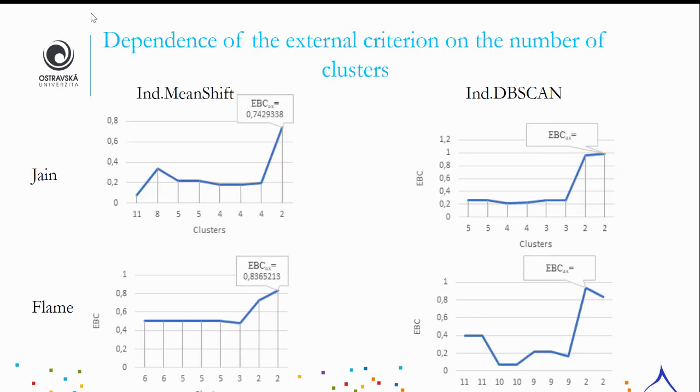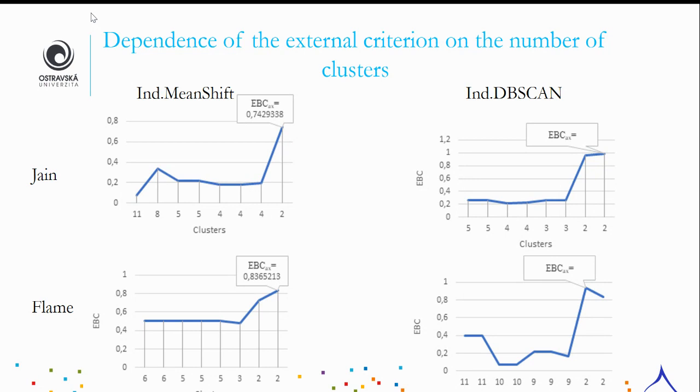So now we come to the most interesting part of our research, the comparative analysis. As I have already mentioned, we use some external criterion to estimate the clustering quality of the obtained results. In our research, we use two data sets, the Jain data set and the Flame data set, taken from the archive of some Finnish data storage, and a link is available somewhere in the slides.